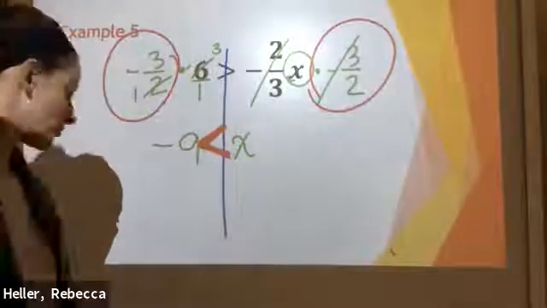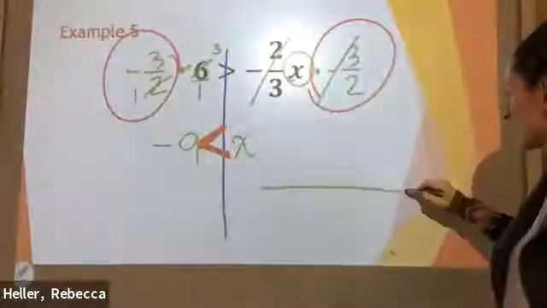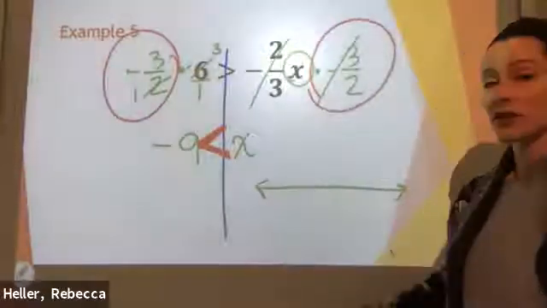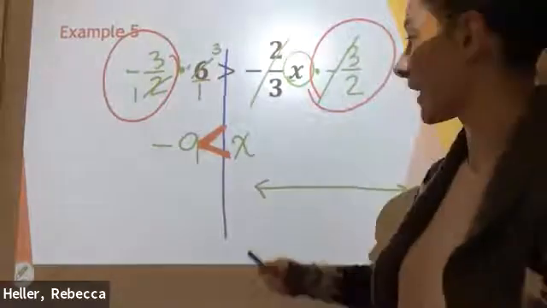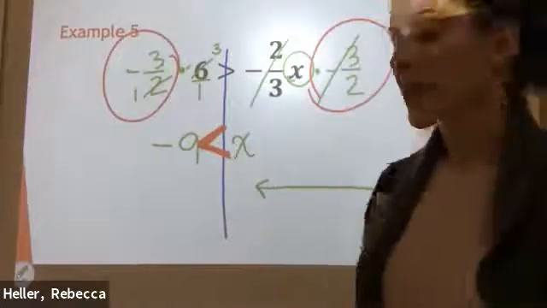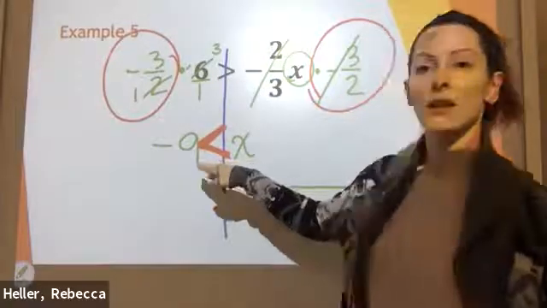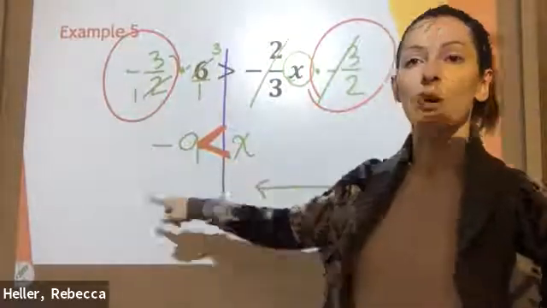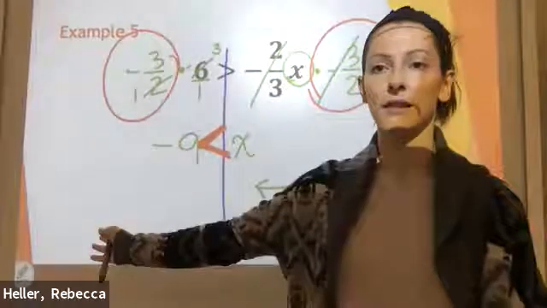Now, here's another tricky part. When I go to graph this, if you're someone that prefers to read it from left to right with a variable on the left, guess what? Then you can not only flip the inequality sign, but you can rewrite the whole answer so that x goes on the left.